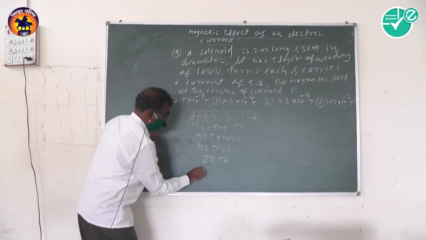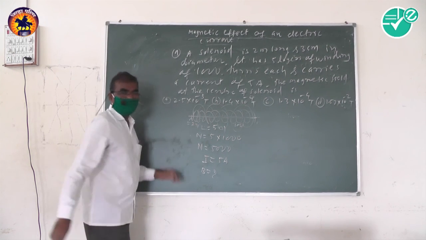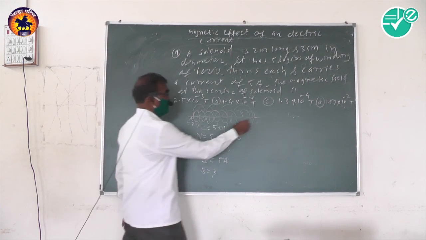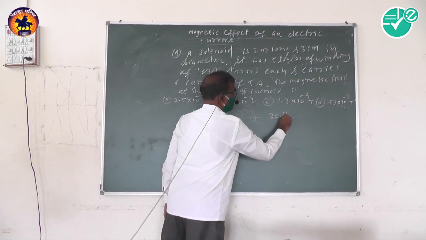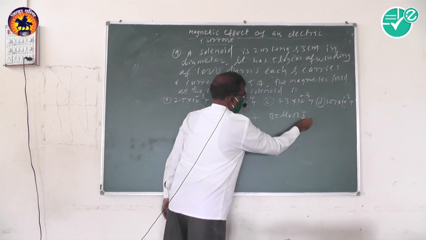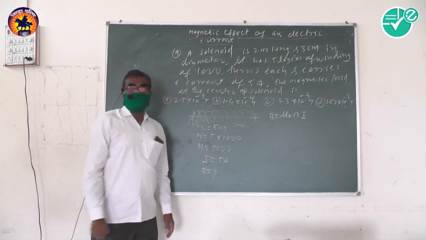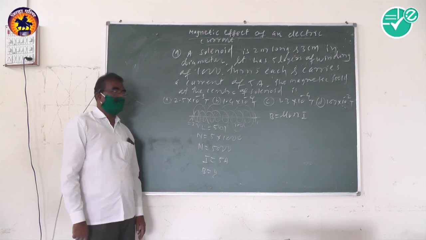We have to find the magnetic induction at the center of a solenoid.